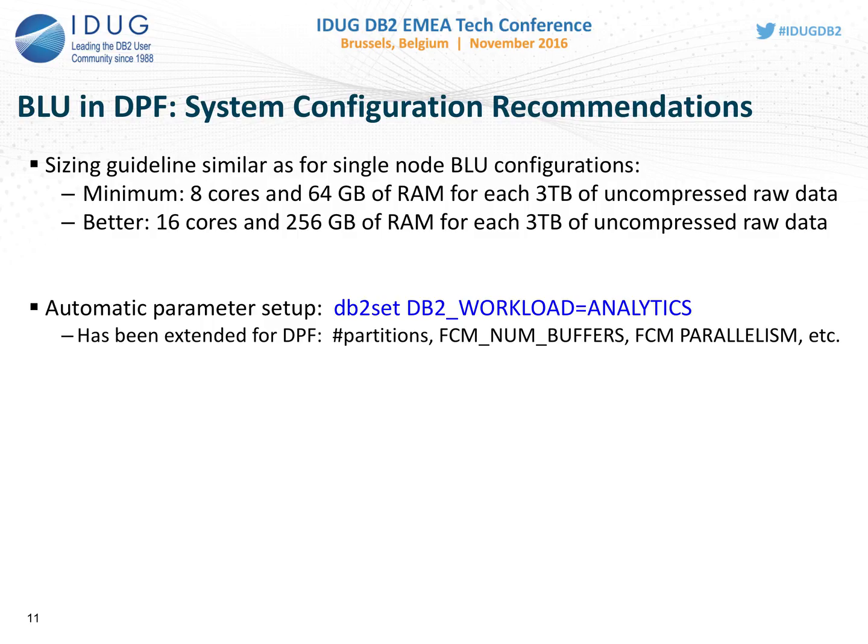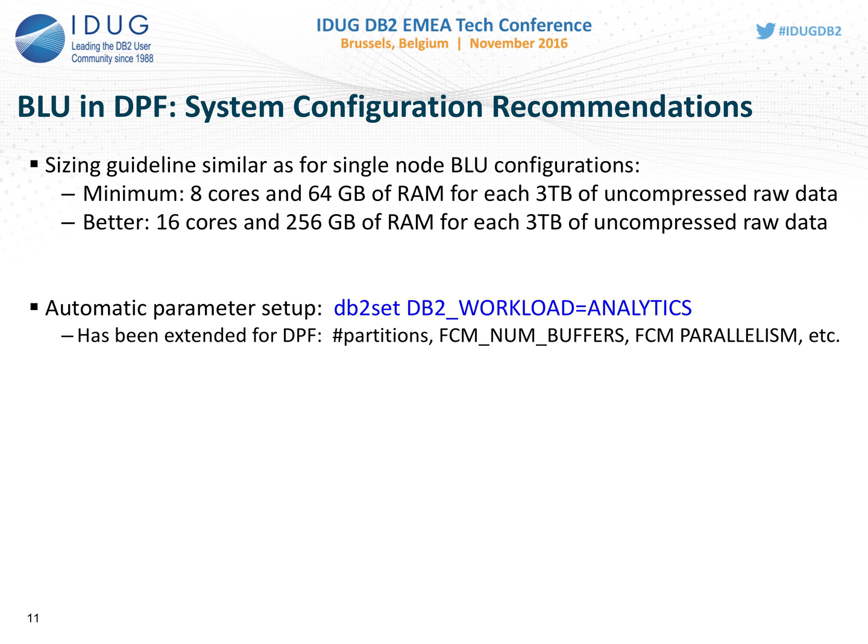We already had that for single server BLU in version 10.5, and that has been extended for DPF. So it will give you appropriate values, for example, for the number of FCM buffers and FCM parallelism, based on the number of partitions that you have, and so on.